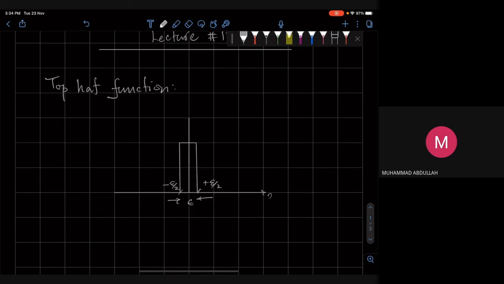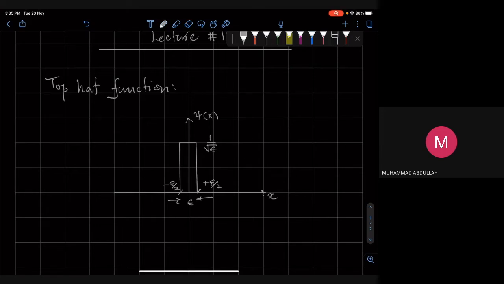This is x. And the function psi of x, we define the height to be 1 over square root of epsilon. Now, it is more common to see the height of the function to be defined as 1 over epsilon, but we are not doing that.